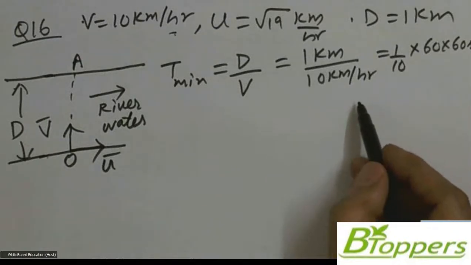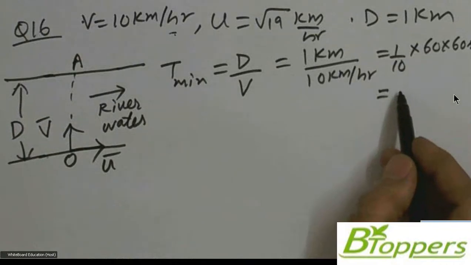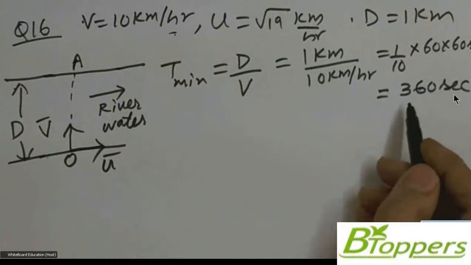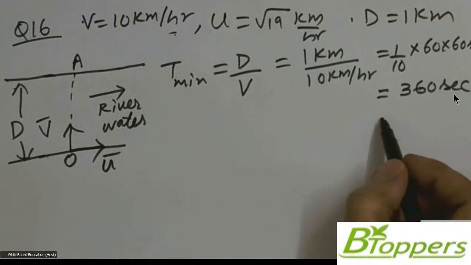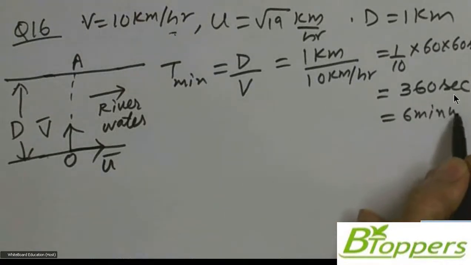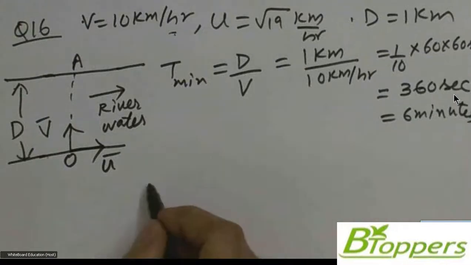So that will be 360 seconds, or you can also write it as 6 minutes. That's the minimum time required to cross the river.